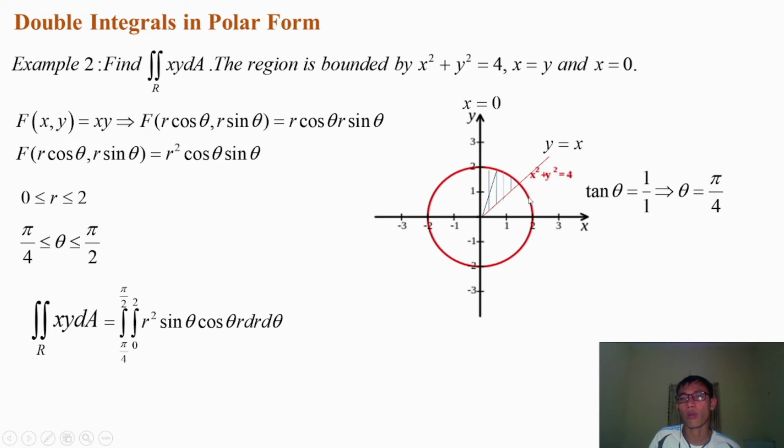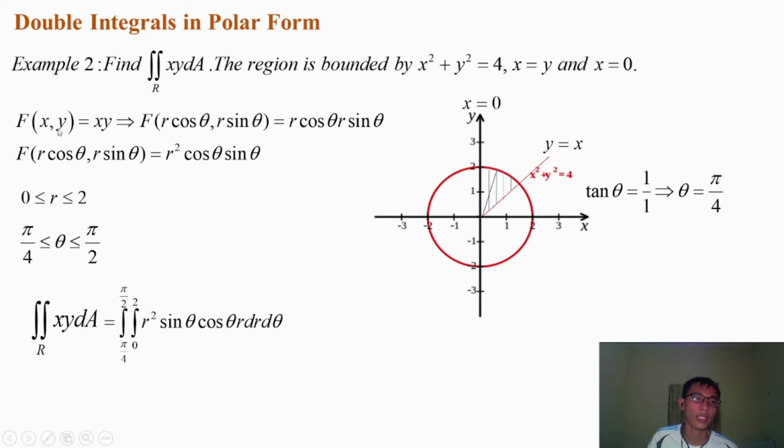This is the circle of radius 2, and here is the line of y equal to x, and the vertical line is the line of x equal to 0. And here is the area that is bounded, the area that we are going to find using the double integral.